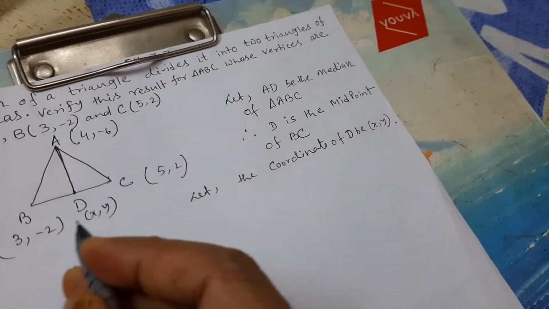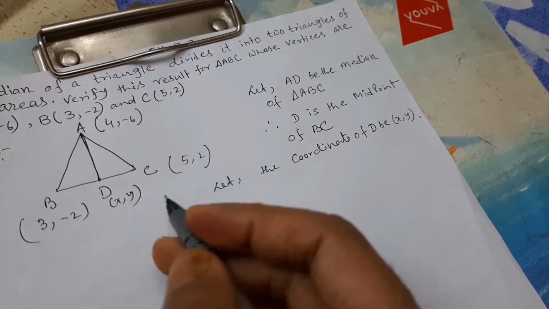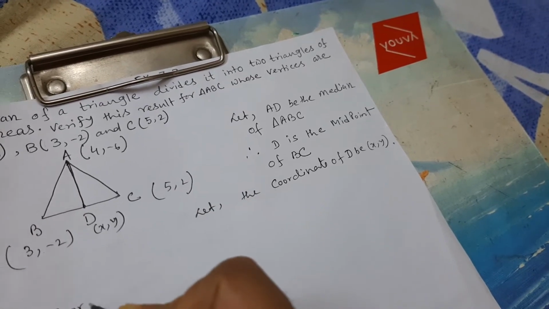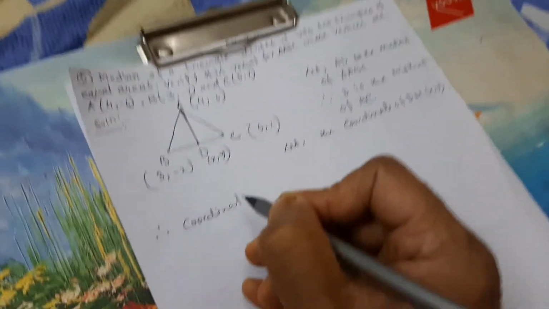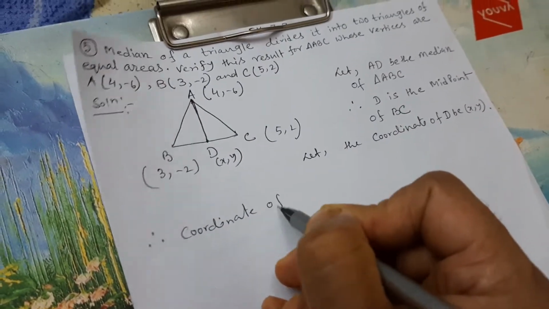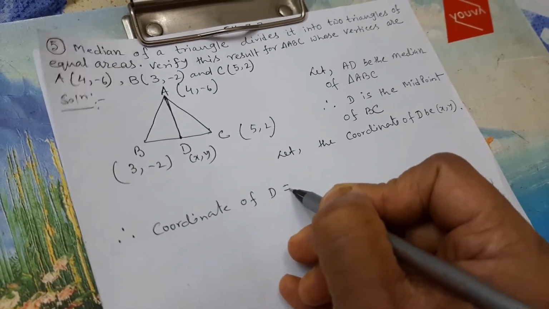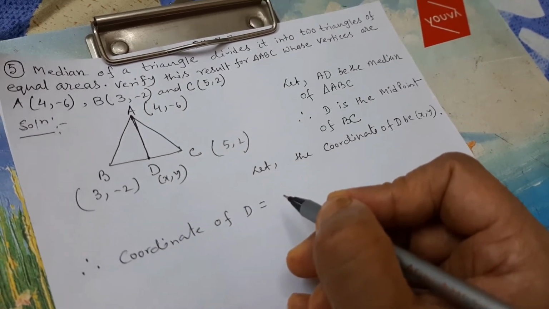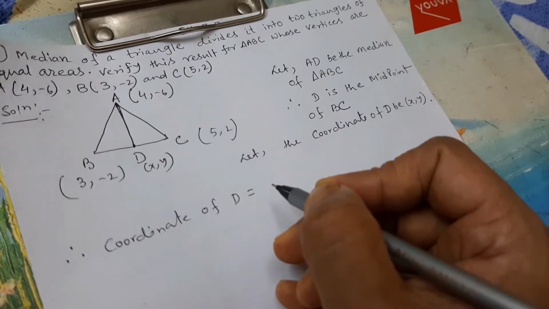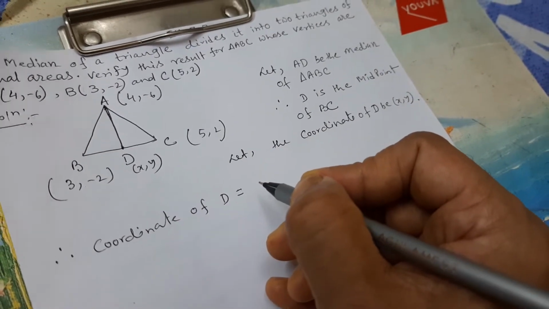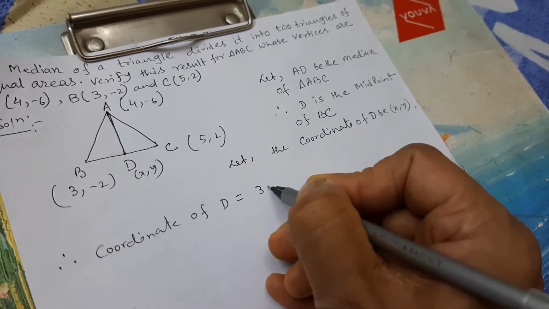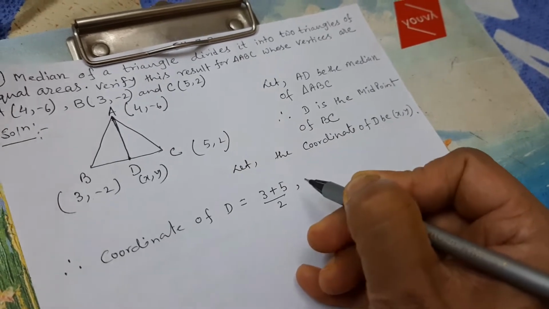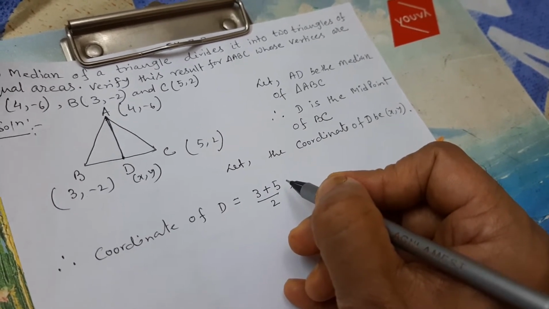Now we can find the coordinate of D by using the midpoint formula. Therefore, coordinate of D equals, we know the midpoint formula is (x1 plus x2) by 2, (y1 plus y2) by 2. Here x1 equal to 3, plus 5 by 2. 3 is x1, 5 is x2.